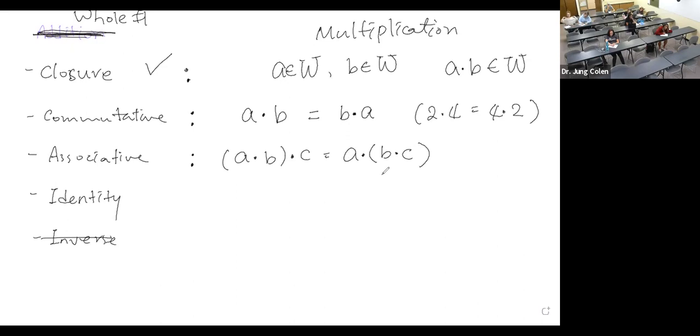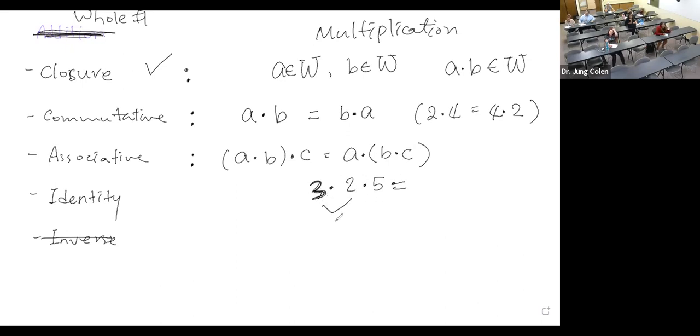For example, let's say 3 times 2 times 5. In order to multiply these together, you need to do that in order.